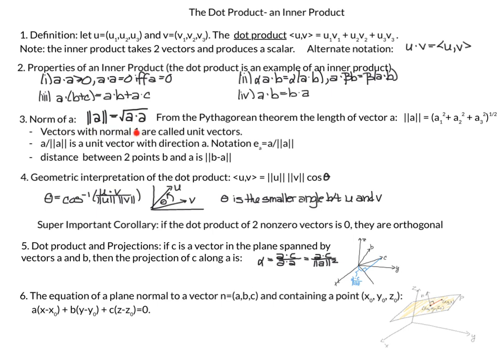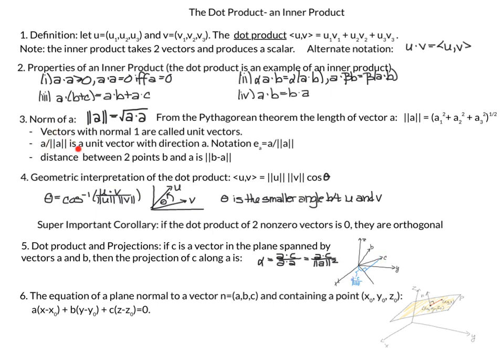Vectors with norm 1, or vectors with length of 1, are called unit vectors. And A over the norm of A is the unit vector with the direction of A. So when we need to isolate a vector's direction, then we have A over length of A. And we saw that in projections, we wanted to have the direction of a vector, but we didn't want the magnitude or the length to interfere with the magnitude of the projection.